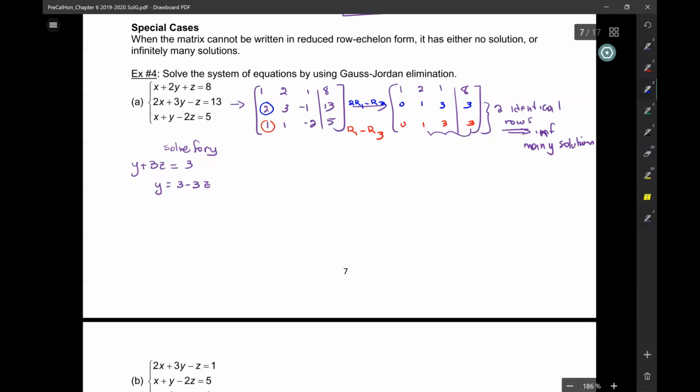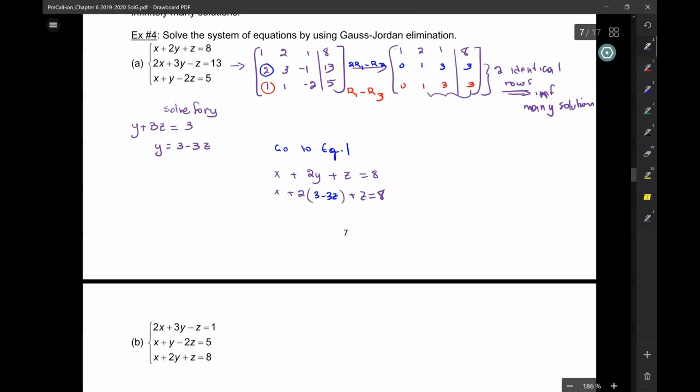Then you go to equation 1 and you say x plus 2y plus z equals 8. X plus 2, what's y? 3 minus 3z. Plus z equals 8. You solve. X plus 6 minus 6z plus z equals 8. Guess what x equals? 2 plus 5z.